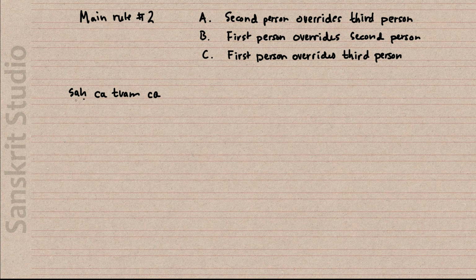So saha here, okay, let's write it up here. He and you, singular, so let's say gacchati something, right? So someone is going here. So it's he and you are going.